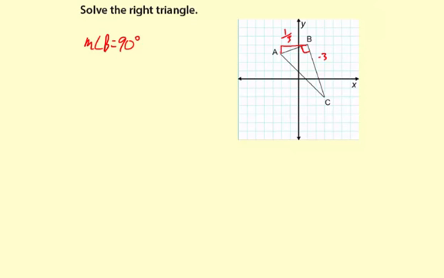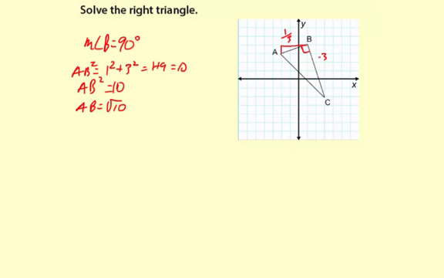So there's a right triangle for AB, and so I can say AB squared equals 1 squared plus 3 squared, because the right triangle is 1, 3. And that's the same thing as 1 plus 9, which is 10.